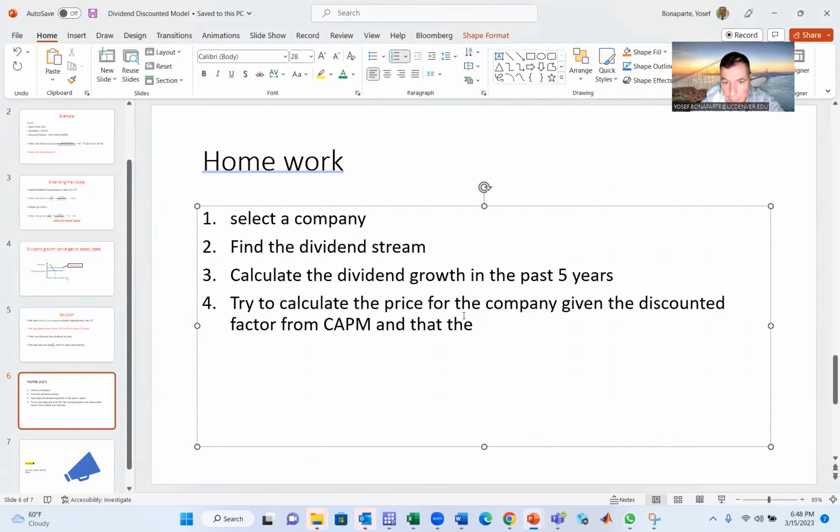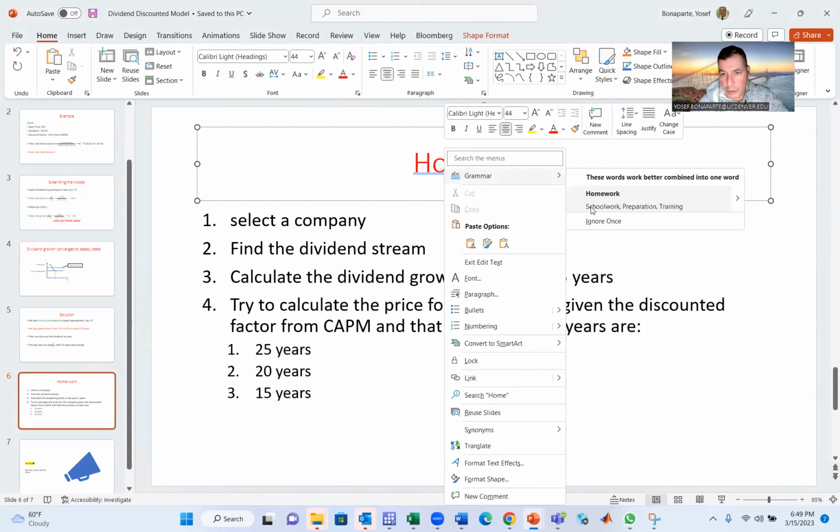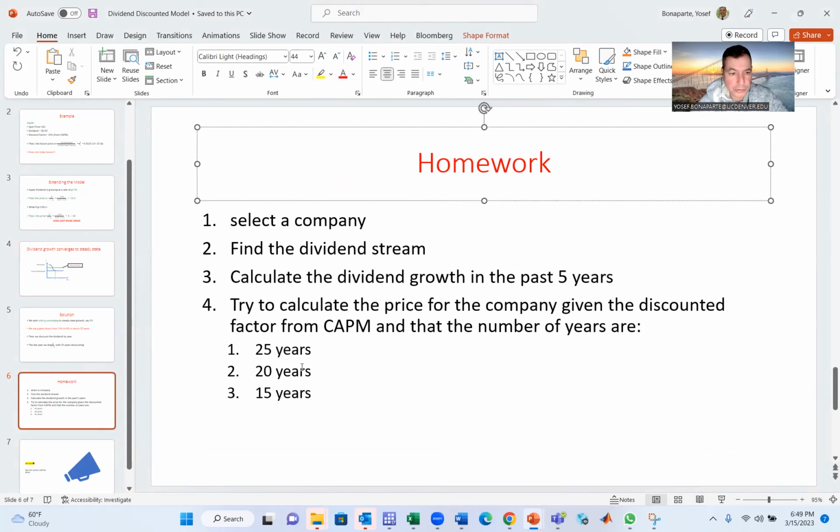Calculate the CAPM model from the factor and calculate, and the number of years are 25 years, 20 years, 15 years. So that's basically your assignment. Do that, see the price for every time. Calculate the dividend growth and see the price, how much a price for different years of this.